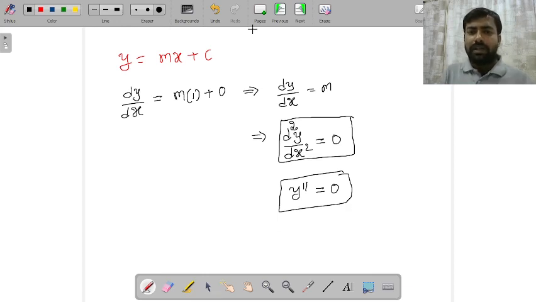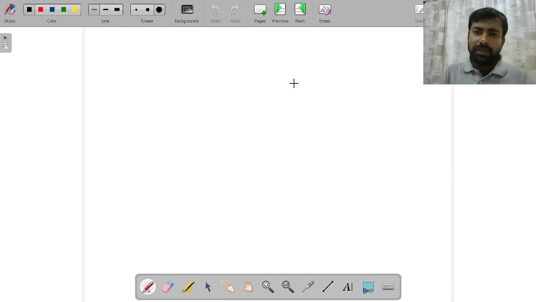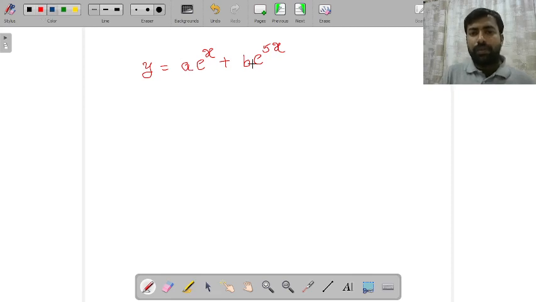And let me take some other equation, that is y equal to a into e power x plus b into e power 5x. Okay, now here you have two parameters. So to eliminate these two parameters, you have to differentiate it twice, and then you eliminate a and b, and you see what is the differential equation obtained, right?